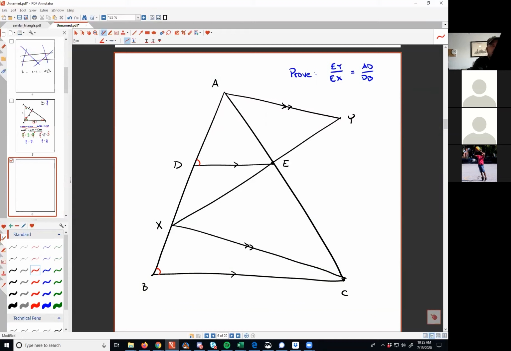Archie, can you identify some other equal angles here? Wait, I'm thinking.